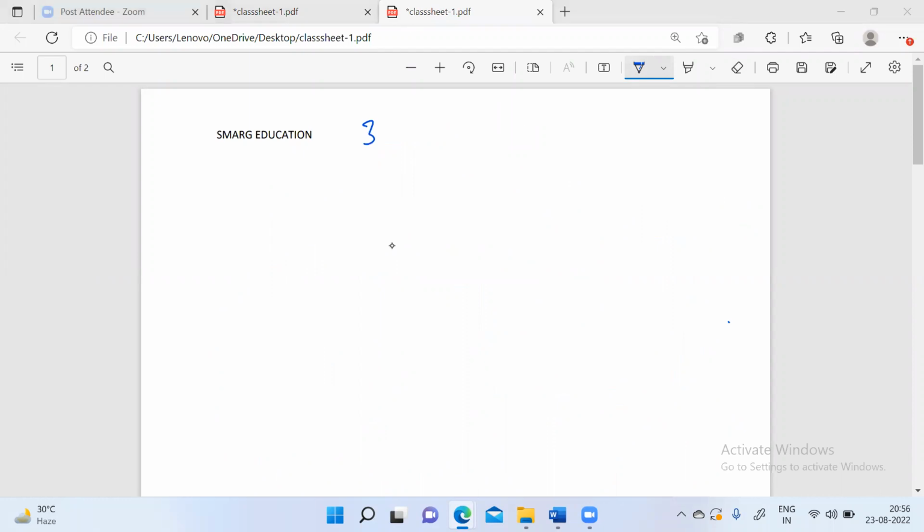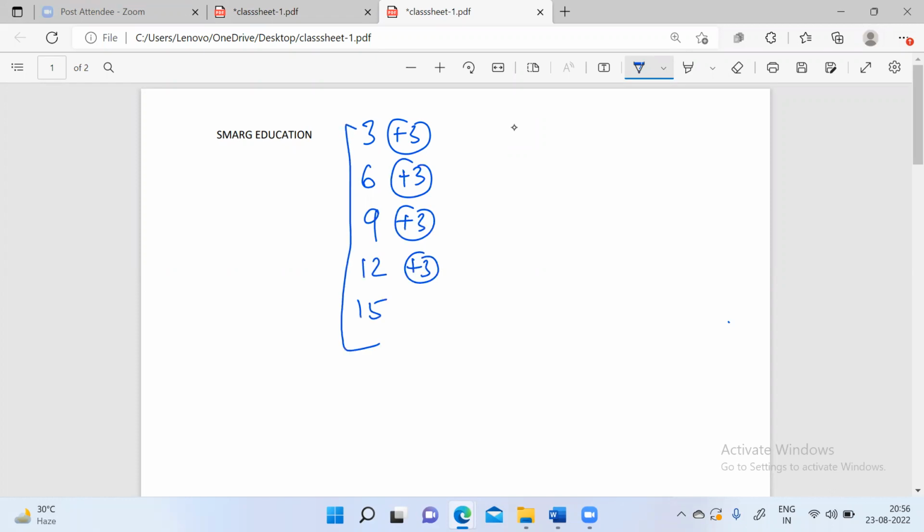Sadhana, tell me, how will you write the table of 3? 3 1s are 3. And how do you find the next number? By adding 3 to it. So we add 3 to the 3 and get 6. Then to get the next number, you add 3 more and get 9. 3 more, you get 12. 3 more, you get 15. So this is the table of 3.